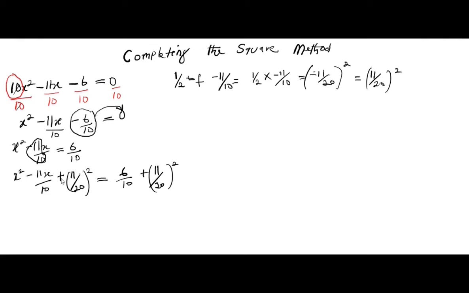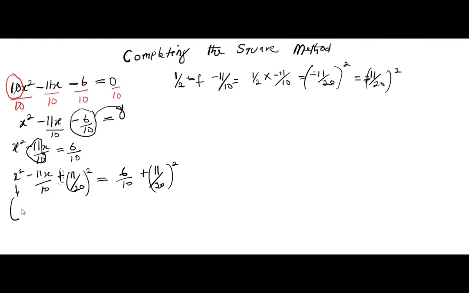The reason why this positive sign is here is because the negative, when it is being squared, will change to what? Positive. So that's why this is plus 11 all over 20 all squared.